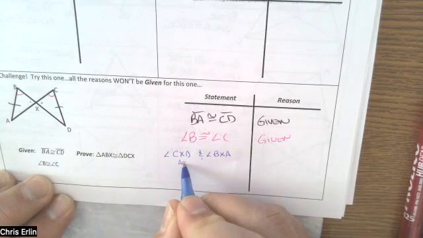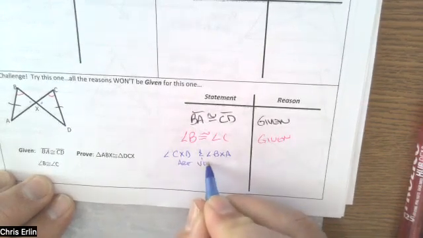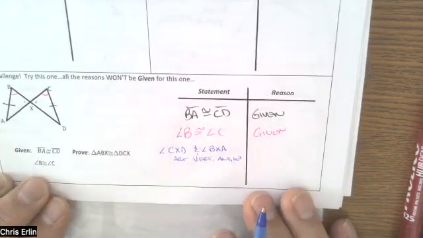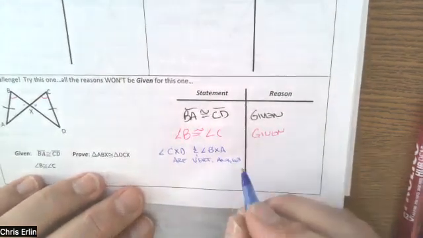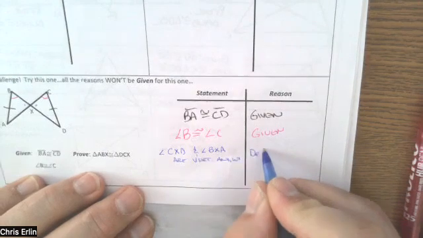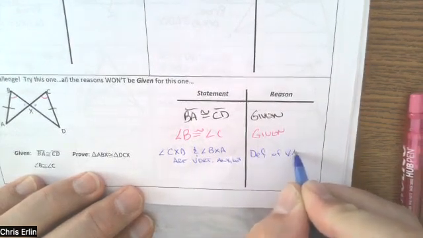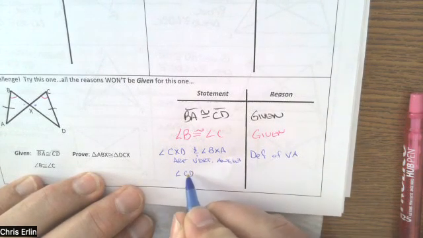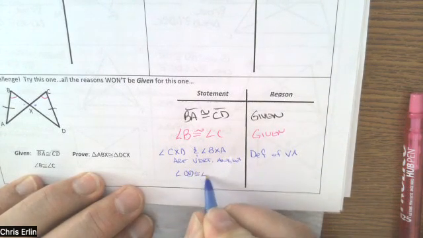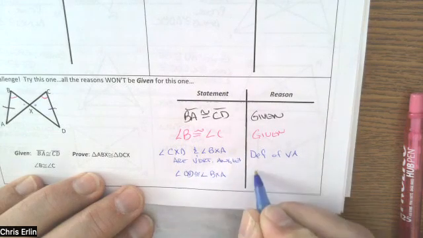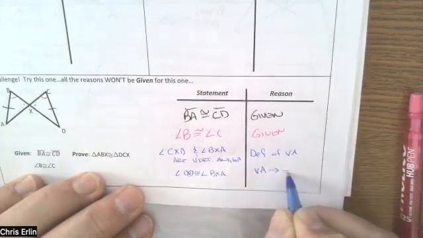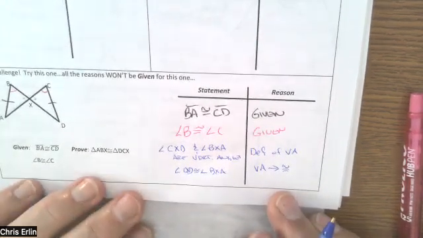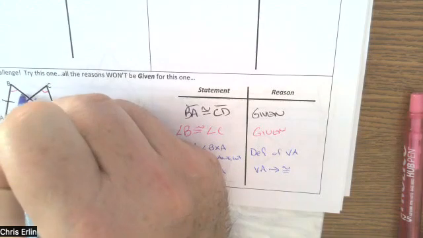First, we state that they are vertical angles. What's our justification for saying they are vertical angles? Good. Definition of vertical angles. Having now said they're vertical angles, I can say angle CXD is congruent to angle BXA, because if they're vertical, then they're congruent. And we've said they're vertical, so they are congruent. I'll mark those now.